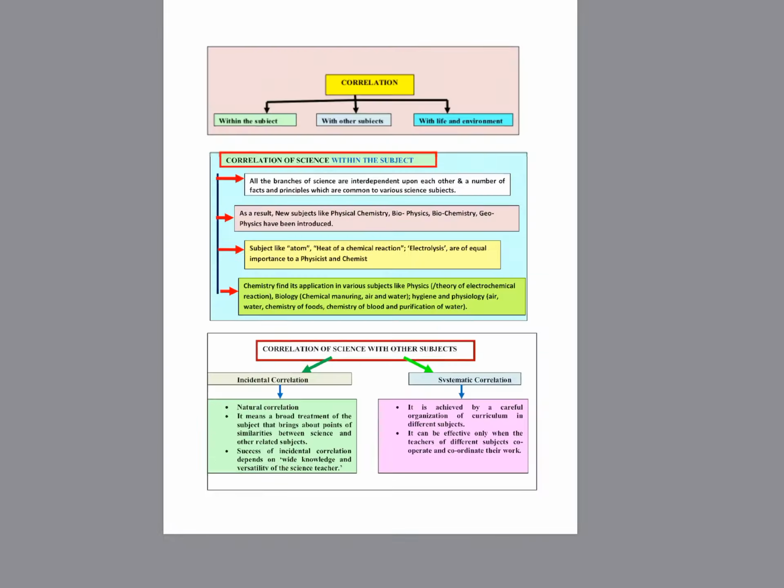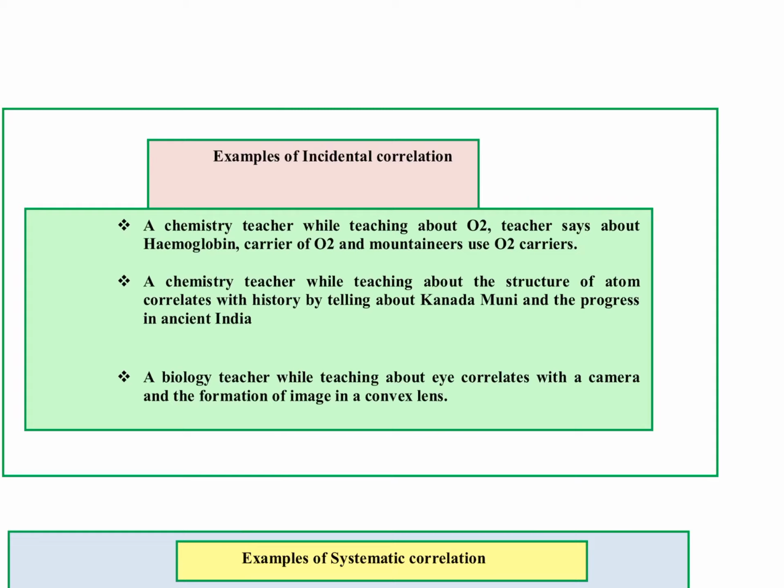Oxygen is a chapter to be taught in chemistry. But the chemistry teacher can correlate that oxygen with the characteristic feature of hemoglobin carrying.